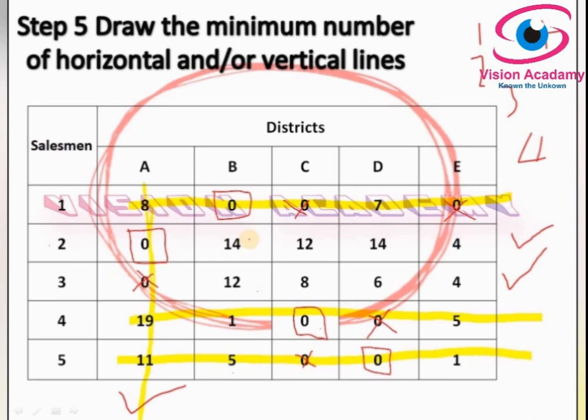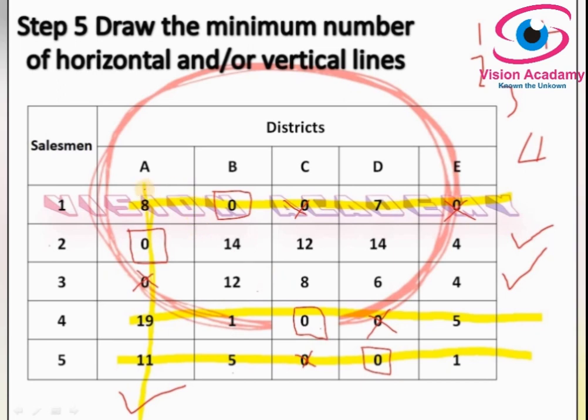So this is step number 6.1, and step number 6.2 says subtract this from all uncovered elements. So from the uncovered values you have to subtract 4, which means the area not covered. Example: 14, 12, 14, 4, 4, 12, 8, 6, 4, 4 are uncovered area.